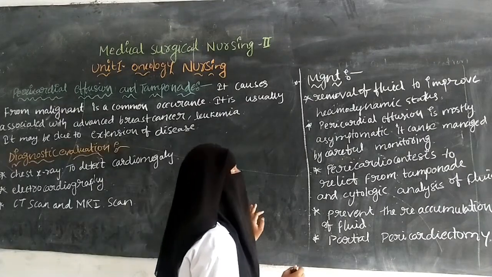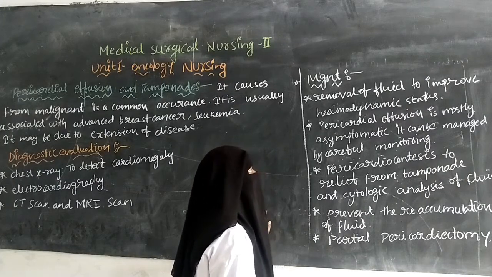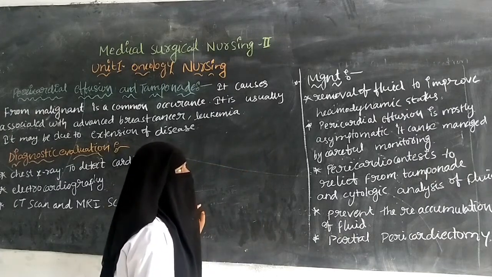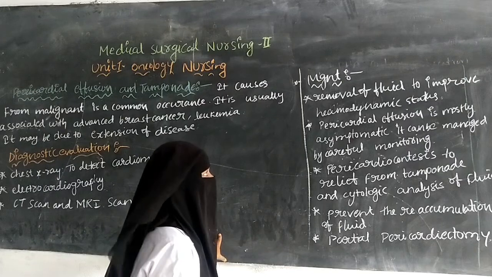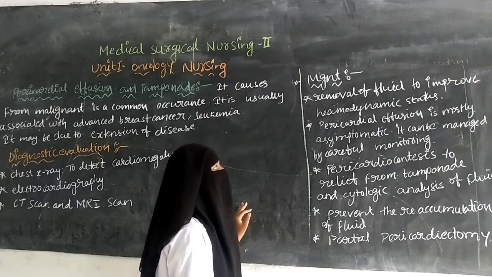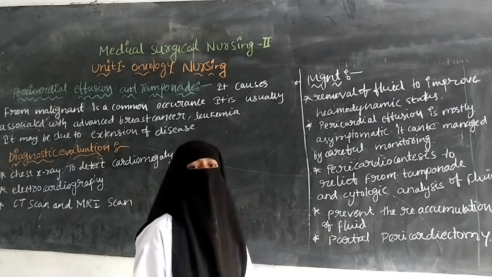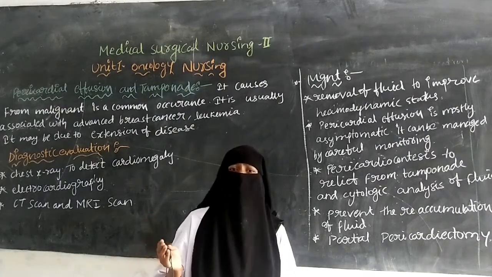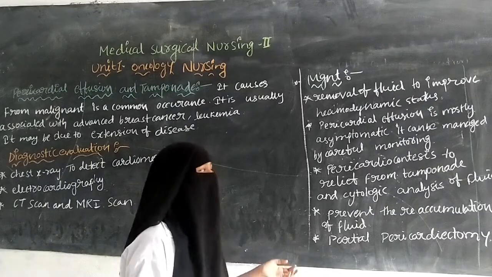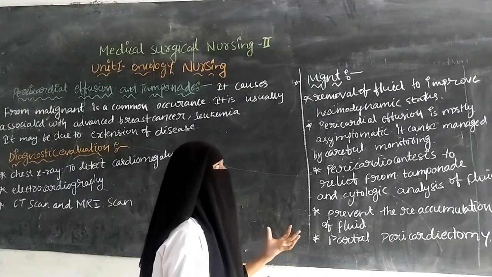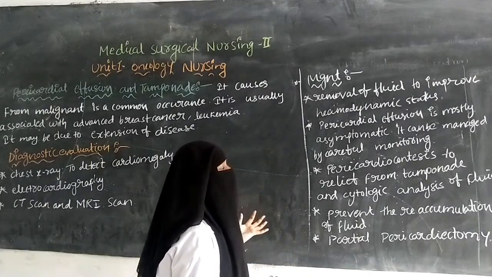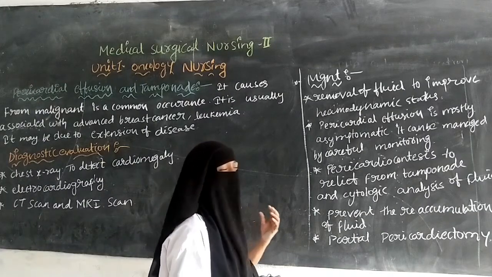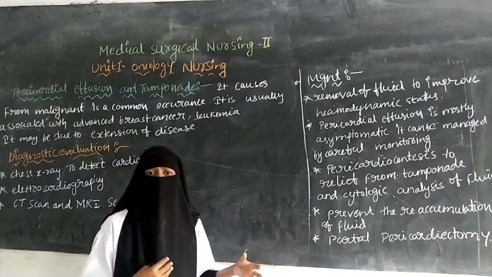Next one is management. Management involves removal of fluid to improve hemodynamic status. We can remove the excess amount of fluid which has accumulated in the pericardial cavity. Improving hemodynamic status means improving the flow of blood.